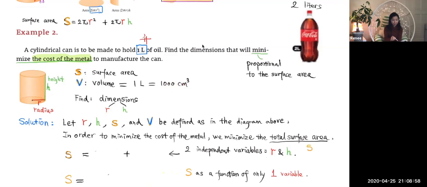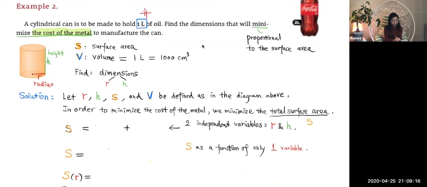What are we looking for? We're looking for the dimensions of this can, which consist of the radius of the base and the height. So we try to find the radius and the height of this can. Now we're going to start solving this.